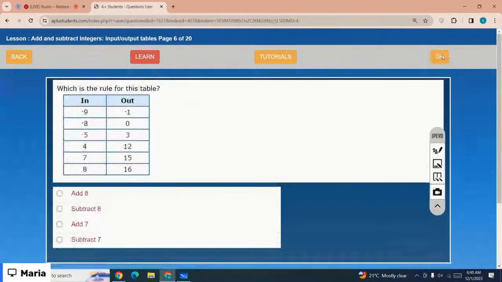Okay. Which is the rule for this table? Which is the correct option? Add it or subtract it?